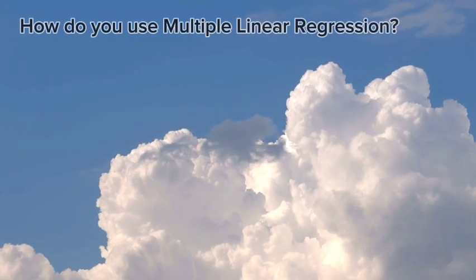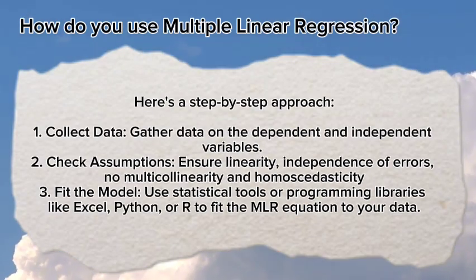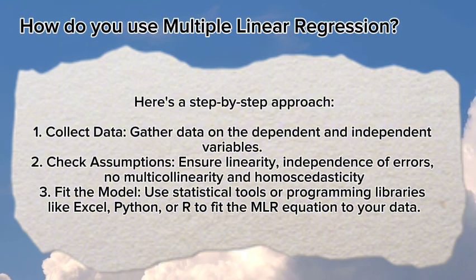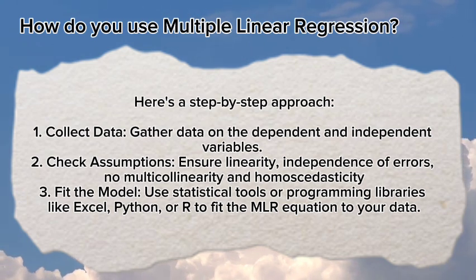How do you use multiple linear regression? Here's a step-by-step approach. Number 1, collect data. Gather data on the dependent and independent variables. Number 2, check assumptions. Ensure linearity, independence of errors, no multicollinearity, and homoscedasticity. Number 3, fit the model.